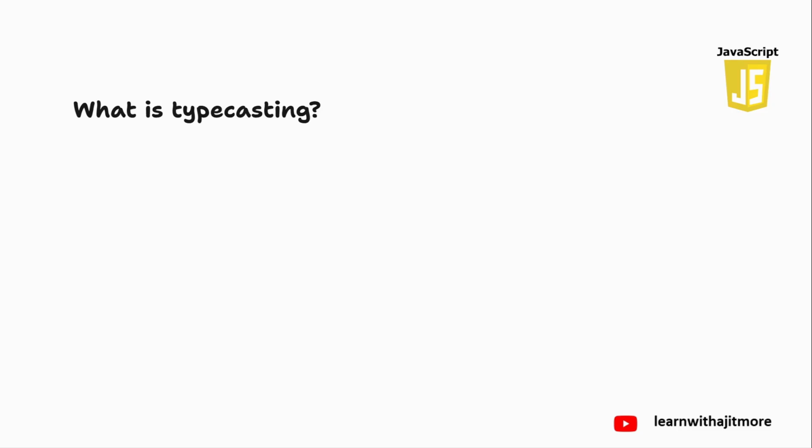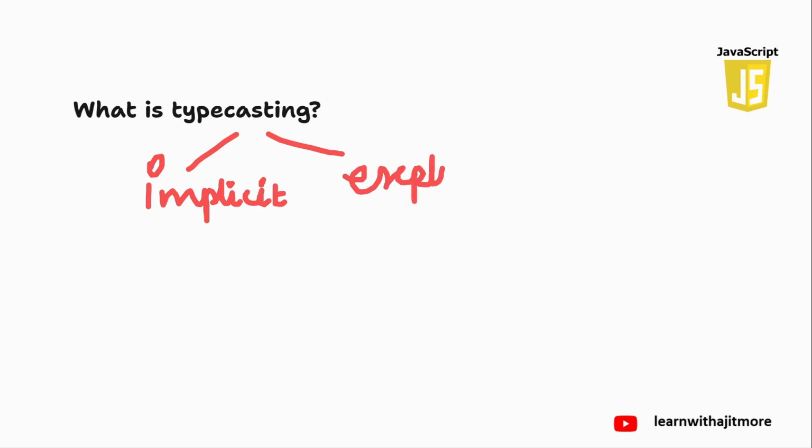Typecasting happens in two ways. Two types of typecasting are there. One is implicit casting and another is explicit casting.